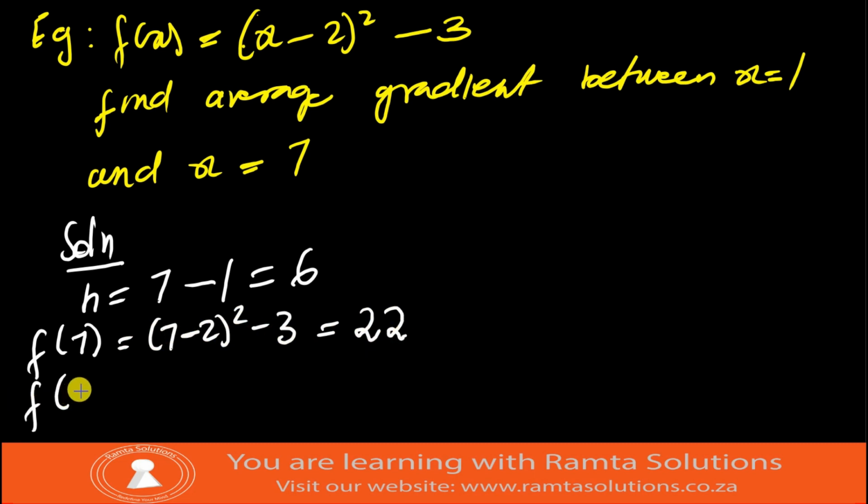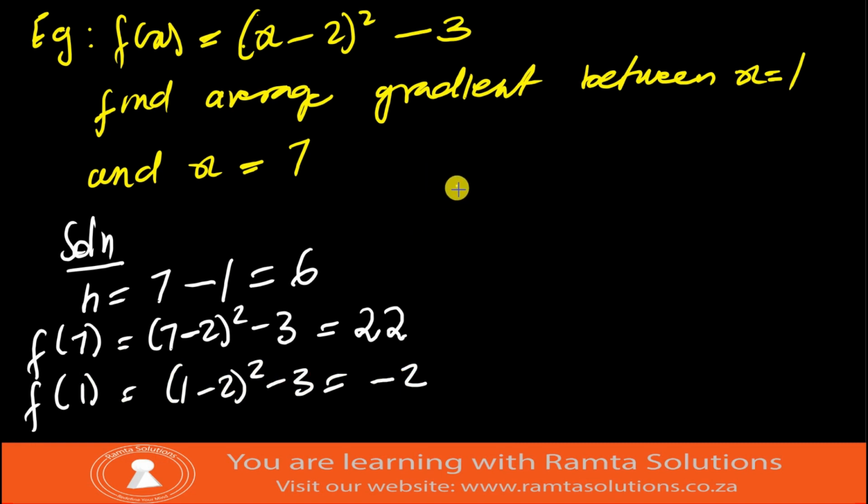Then you look for f of 1. F of 1 is 1 minus 2, all squared, minus 3. 1 minus 2 is minus 1, minus 1 squared is 1, and 1 minus 3 is minus 2.